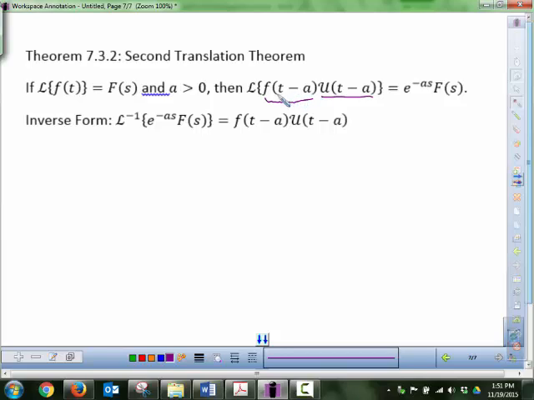But if this function isn't already shifted, then you have to force a shift, the same way we forced the shift in the s. We had an s over s minus 1 squared in the bottom, and we wanted an s minus 1 up on top, so we subtract 1 and add 1. It's going to be the same sort of story here.